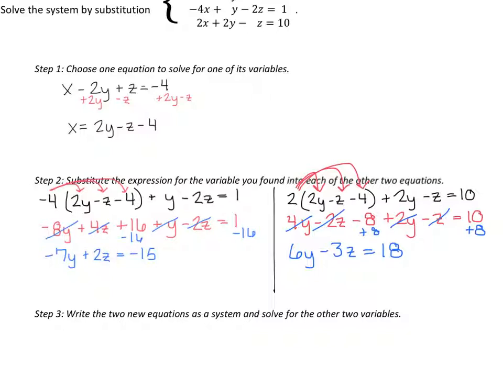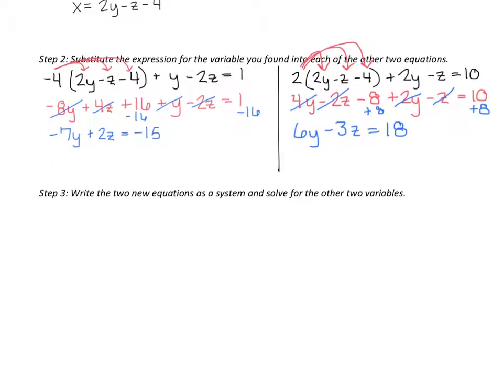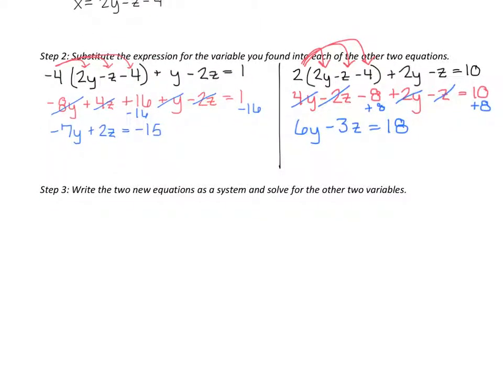Okay, not hard. That's pretty good. If you can just remember the steps, then you're doing pretty good. All right, next thing is to write those two equations we got together as a system. So I've got negative 7y plus 2z equals negative 15, and 6y minus 3z equals 18.